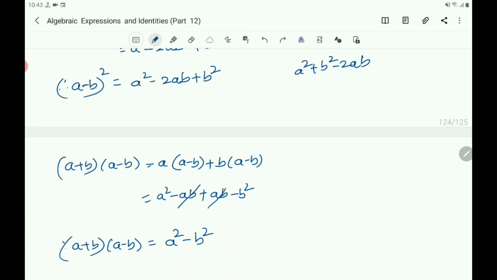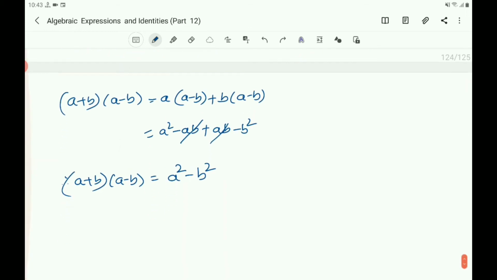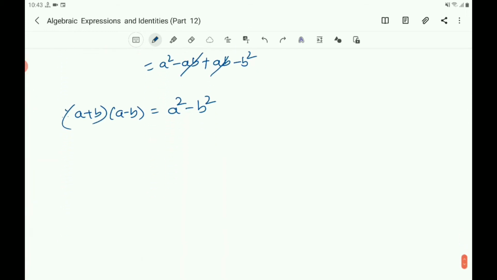And let us write one more identity, that is (x plus a) into (x plus b). Here the first terms of both binomials are the same, x and x. The difference is the second terms.